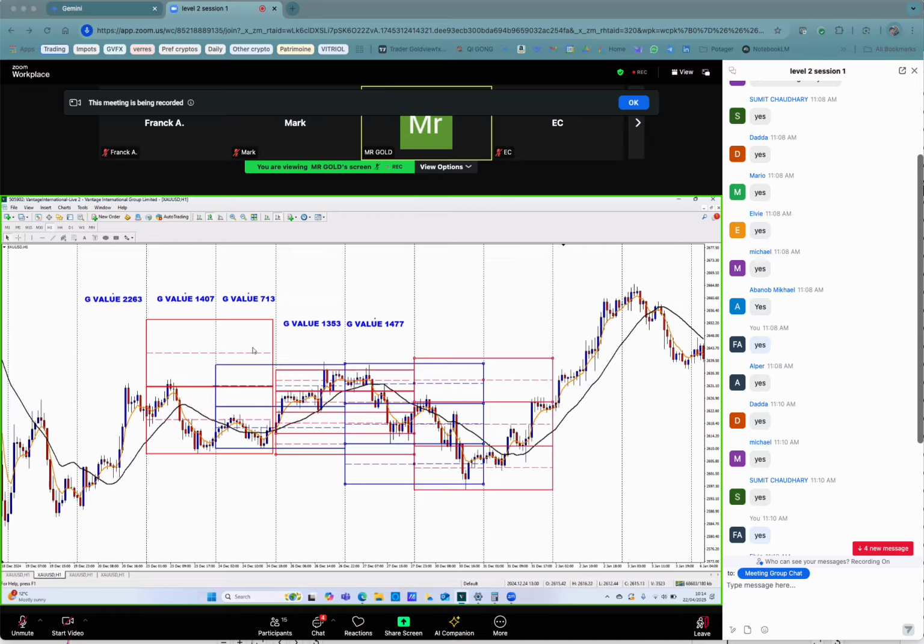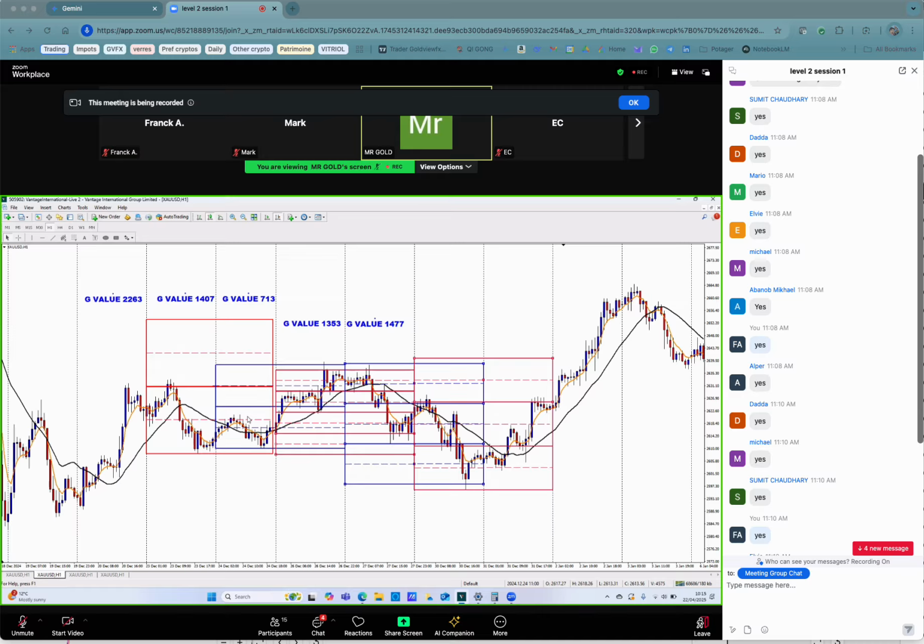And then option 3 was when I combined the previous day's box, which is moved across here, and I added the current day's blue box and I used them together. And option 3 is the true way of drawing the boxes.